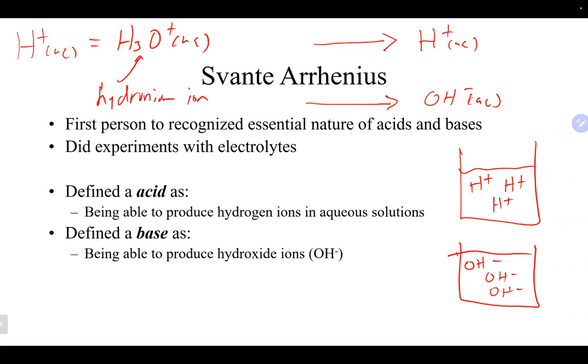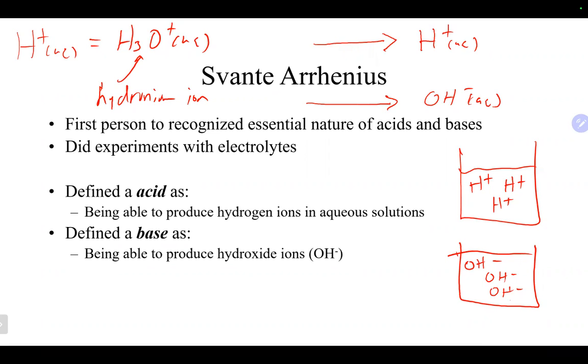So I personally use H+ most of the time, but pretty much anywhere I lay down an H+, you could lay down an H3O+. That goes in equations. It also goes in formulas as well. Books typically will use H3O+ in the formulas and stuff like that. Like I said, I just have H+ in my head, so I use H+ a lot. You can really swap it out pretty much any way you do it.